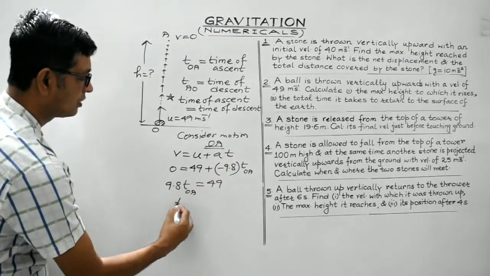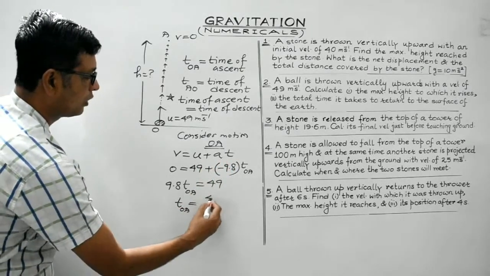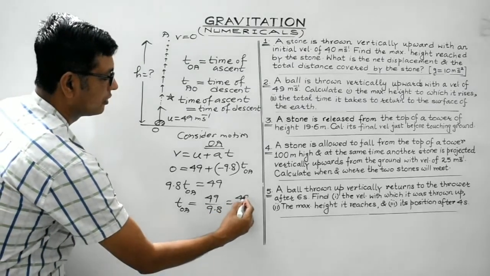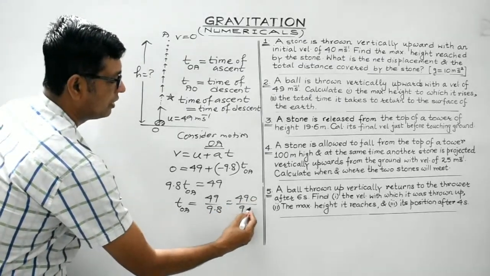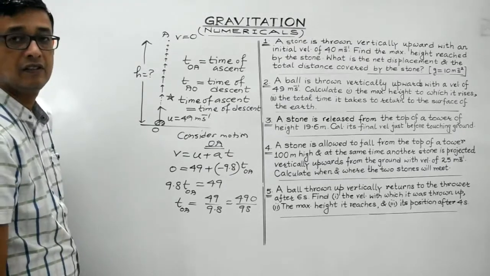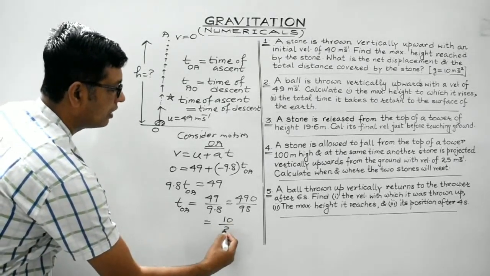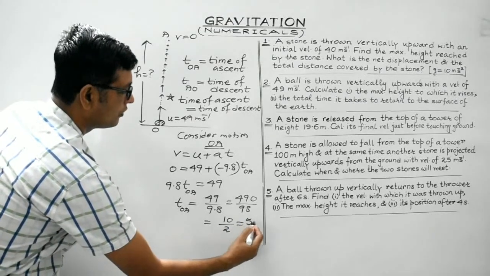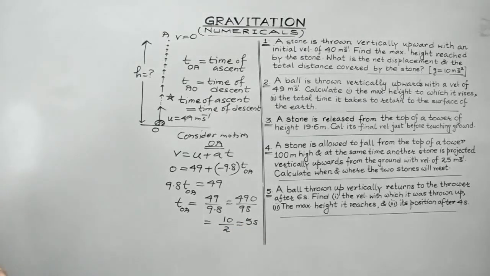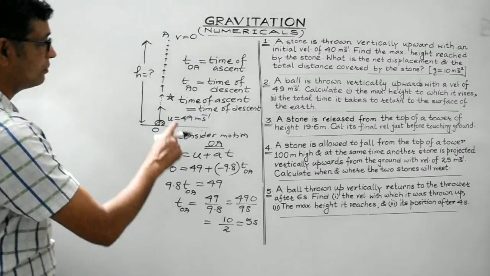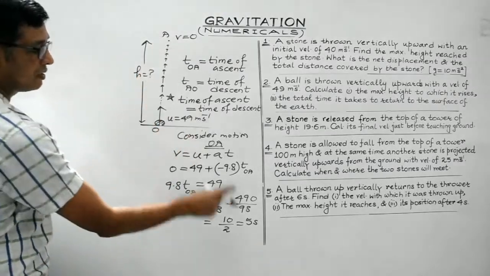So, that will give us TOA equal to 49 divided by 9.8, or it is 490 divided by 98. Clear, students? So, it can be written as 10 divided by 2, that is 5 seconds. Am I clear, students? It's absolutely clear. So, time taken by the body to move from O to A is 5 seconds.